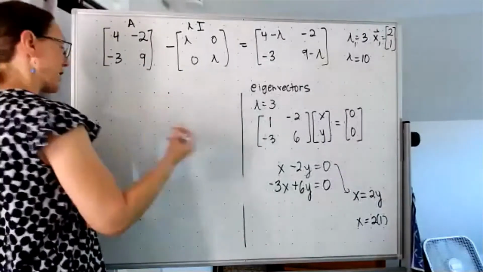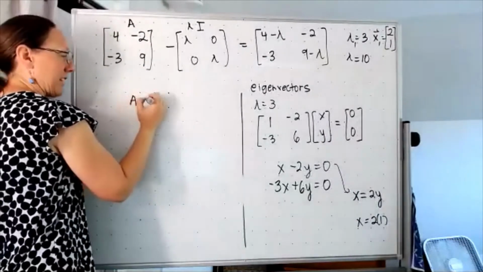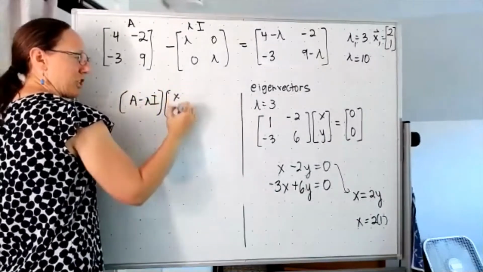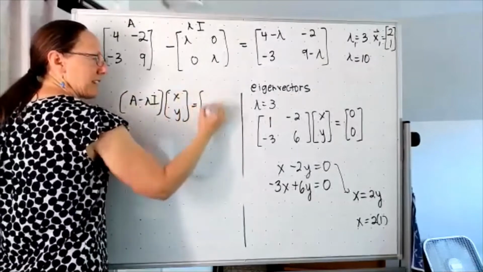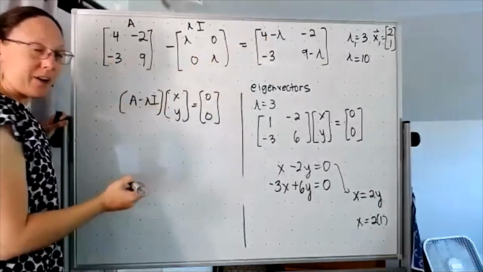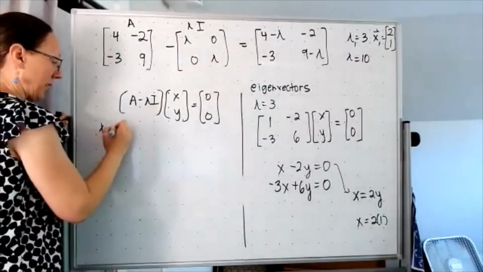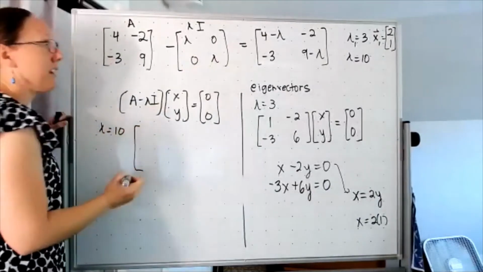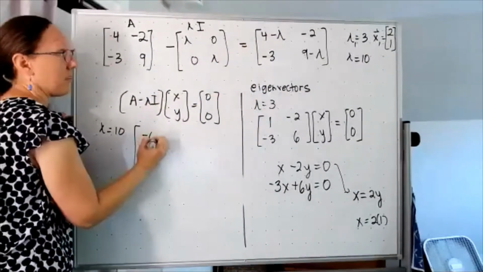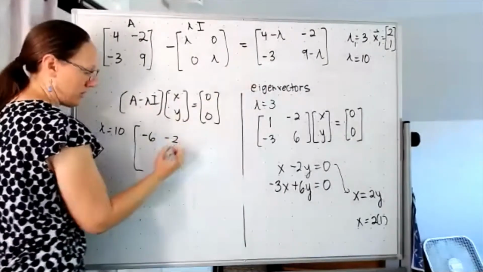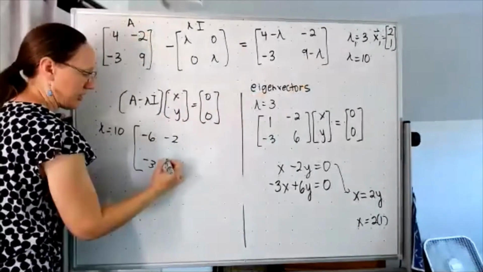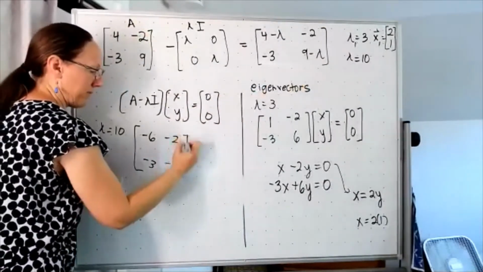So again, I'm going to start at that equation that looks like the matrix A minus lambda I times a generic XY vector is equal to 0, 0. There's my A minus lambda I matrix. So when I plug in my lambda of 10, that's going to turn into 4 minus 10, -2, -3, and 9 minus 10 should give me -1.